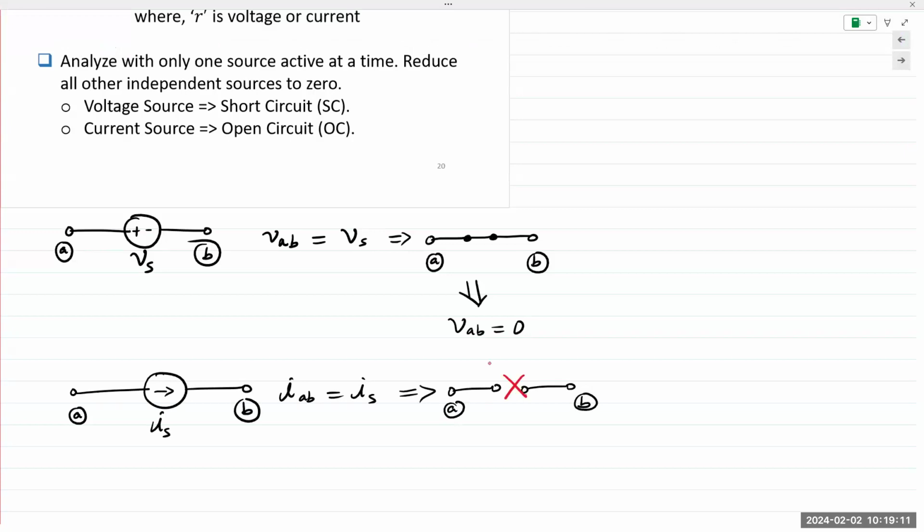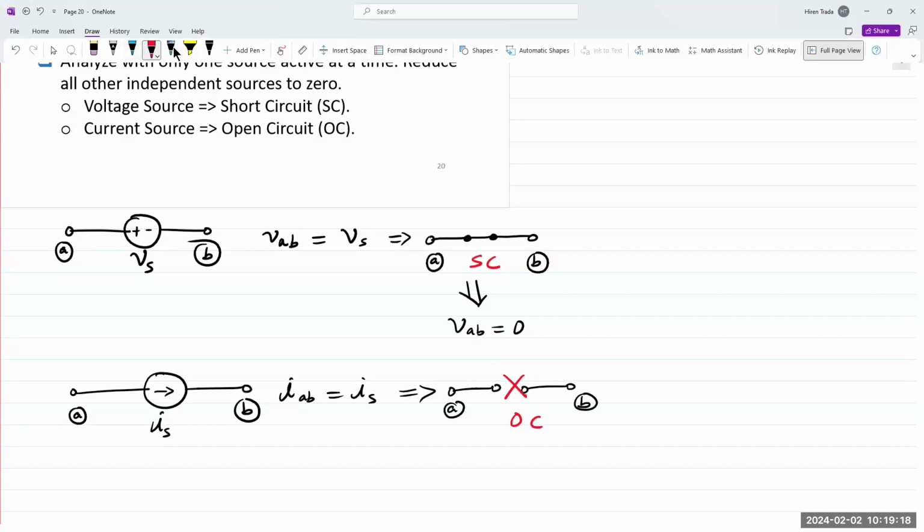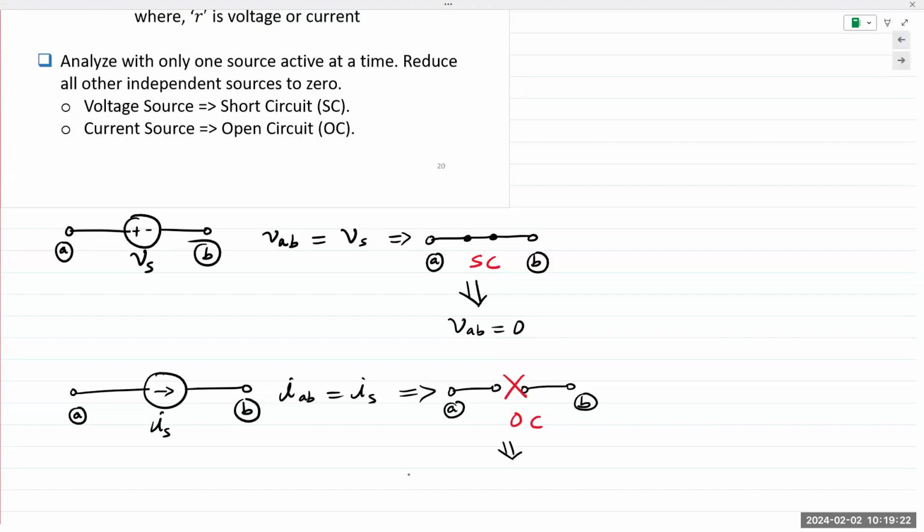It's replaced with an open circuit. So this is a short circuit. This is an open circuit. And so I can say current IAB or IBA is equal to 0.